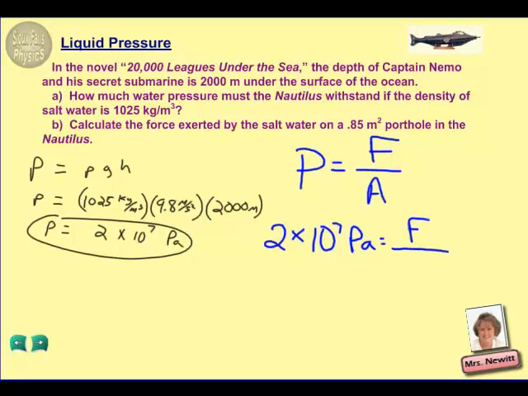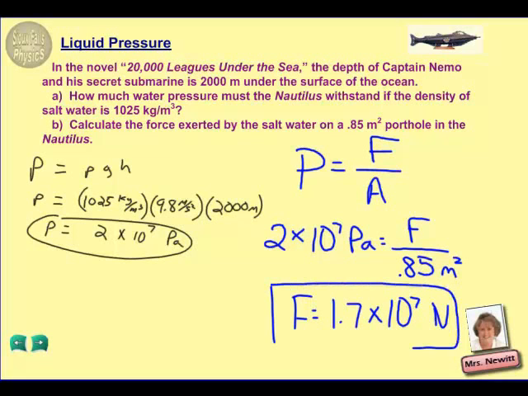We are looking for the force value. They've given us an area. And so through some simple algebra, we can find that the force that would need to be withstood by this porthole is actually 1.7 times 10 to the 7th newtons. So that would be the force exerted by the water.